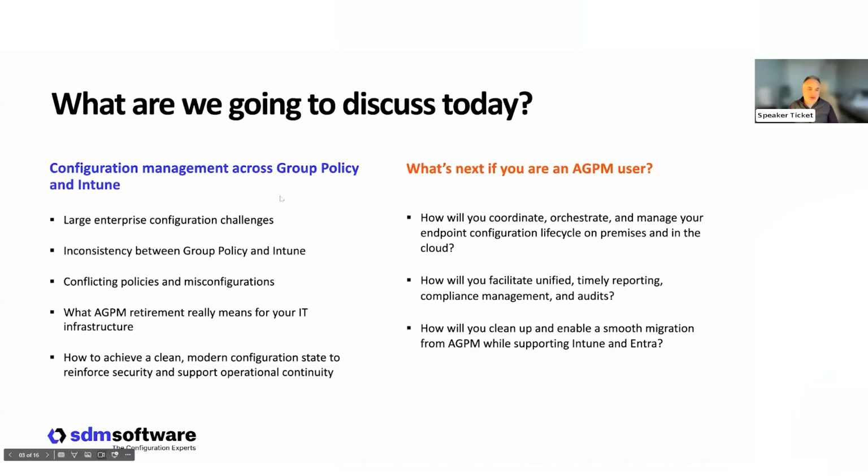Yeah, so there's quite a bit of different things here. As folks are thinking of moving off of AGPM, or maybe they're just thinking of establishing a configuration or a change management solution right from the get-go, some of the challenges are considerations of high cost of any business disruptions that might come about from it.